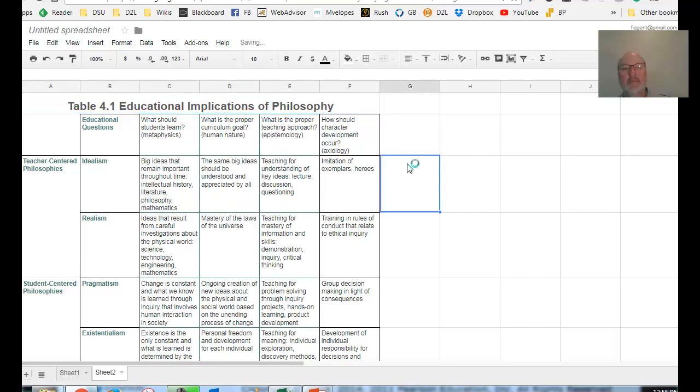There it is. All right, now what you are going to do for each of these, I'm going to give you this heading. You are going to add who the philosophers are on each of these. Okay.